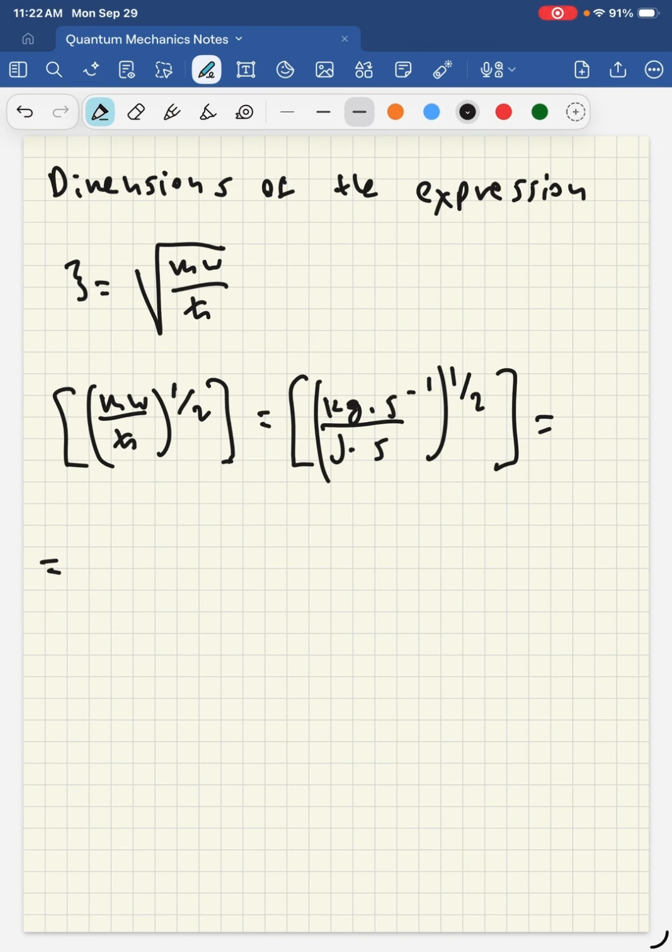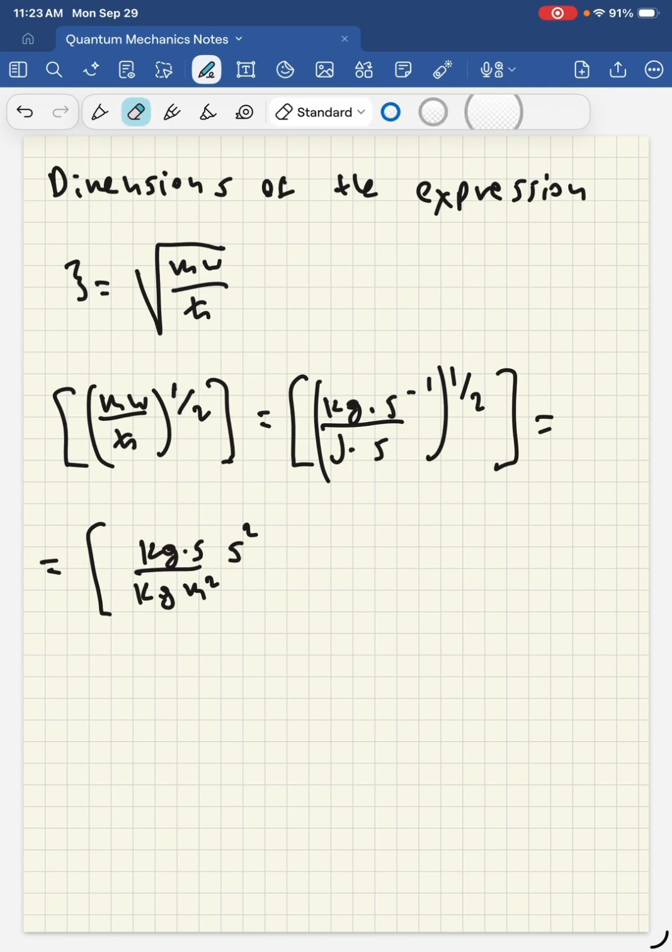Now, 1 joule is 1 kilogram times meter squared over second squared, right? I messed something up. I introduced an extra second there for some reason. Let me see.